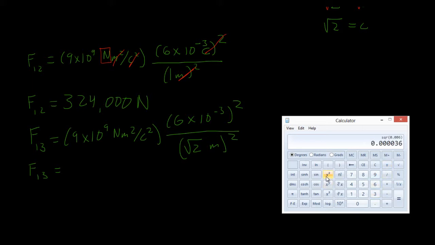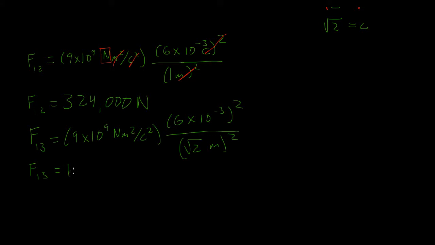I'll square that. Now when I take the square root of 2 and I square that, that just gives me 2. The square root cancels the square. So I'm just going to divide by 2. And then we'll multiply by 9 times 10 to the 9th. Okay, and we get 162,000.